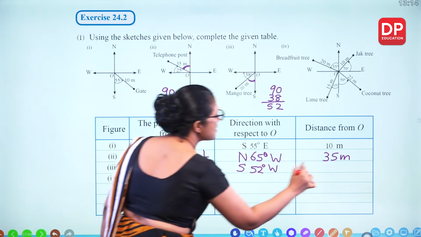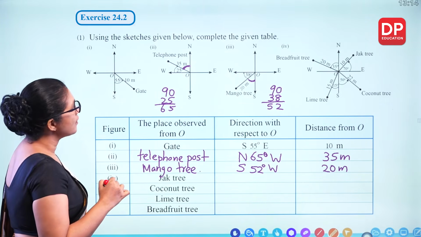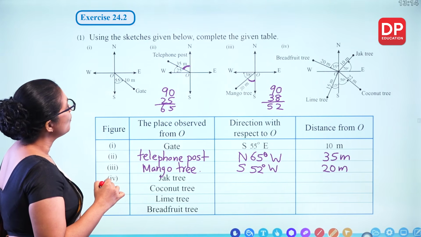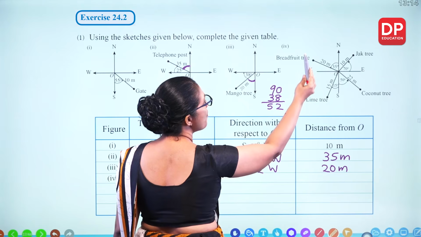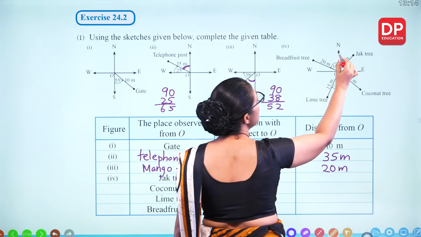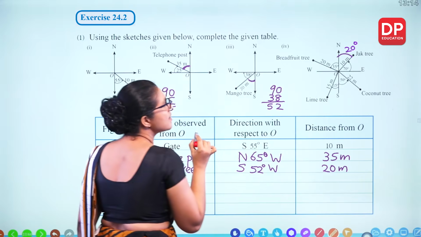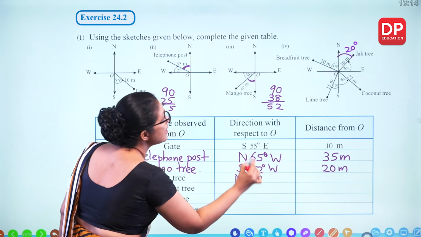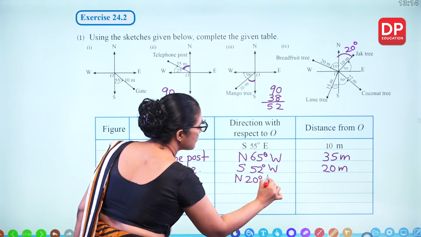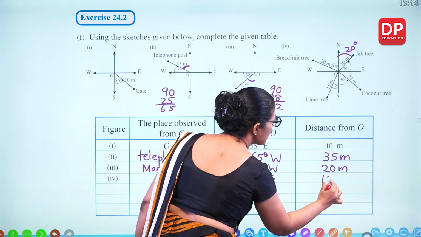What's the distance? 20 meters. Jack tree. Where's the jack tree? This one's from north. This angle. If this is 70, this is 20 degrees. So north 20 degrees towards east. And what's the distance? 10 meters.